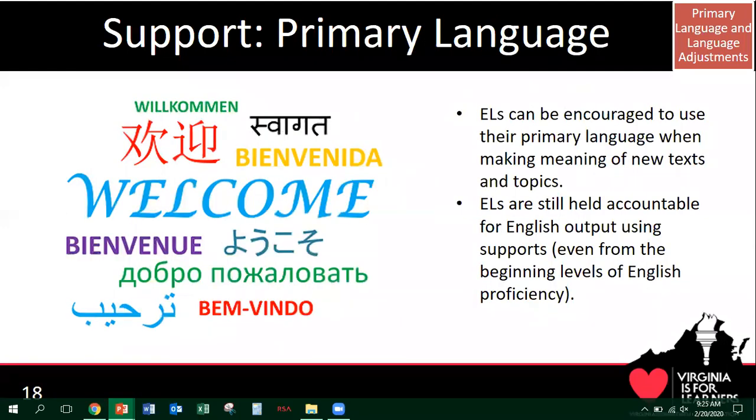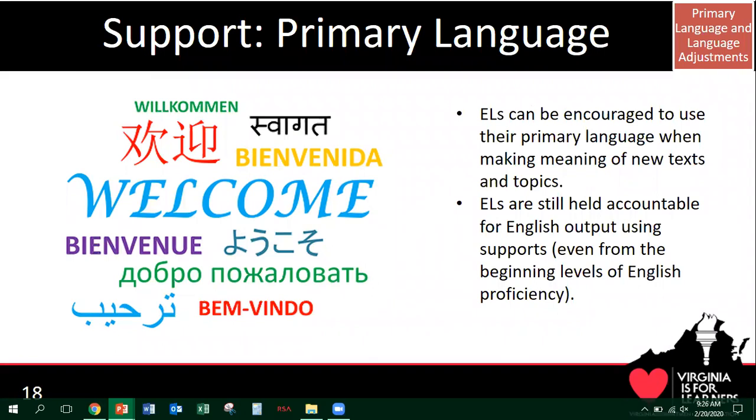Along those lines, a student's use of primary language. And I know not all teachers will speak all of the languages of the students when they teach, and that's okay. There are resources online, if it's even as simple as providing a couple of the words in the student's primary language.